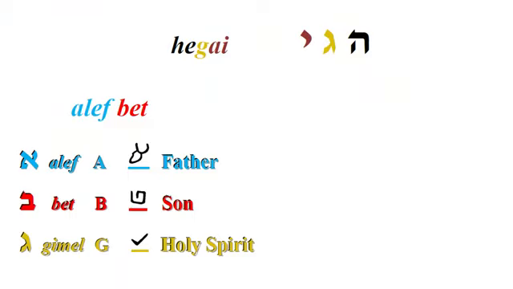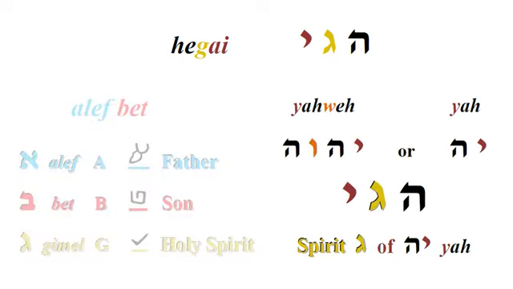Now let's look at this eunuch who's going to help the women prepare for their meeting with the king. His name was Haggai, and there's a Gimel in the middle. And what's on either side of that Gimel? There's a Yud at the end, and there's a Hey at the beginning, and Yud Hey is Yah. So Haggai's name actually is the Spirit of Yah.